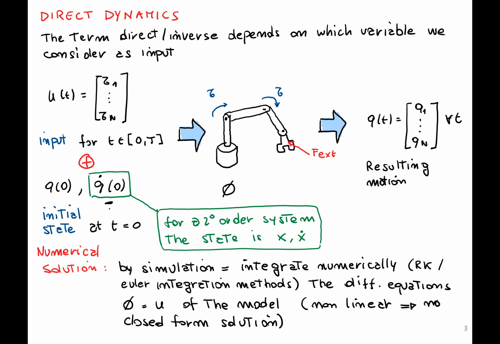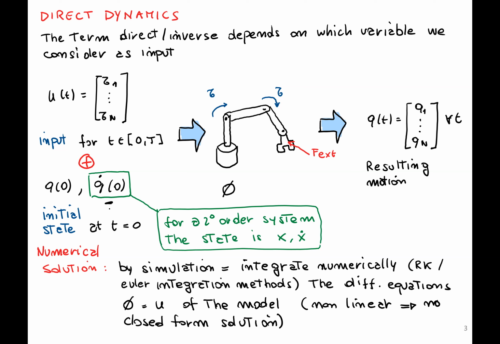And the simulation is always performed by numerical integration. Why? Because we will get the model symbolically with the Lagrangian approach. We will see that with the Newton-Euler approach, the model will be only numerical.